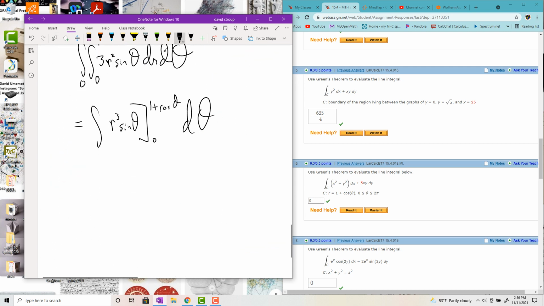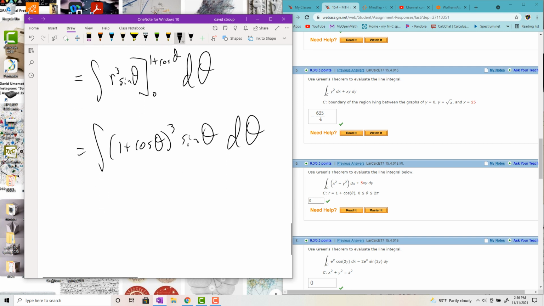All right. So this will be equal to the integral of (1 plus cosine theta) cubed sine theta d theta. Do not cube that out. You want to do a u sub for 1 plus cosine theta. So du will be negative sine theta d theta. So this will be negative integral of u cubed du, where u is 1 plus cosine theta.